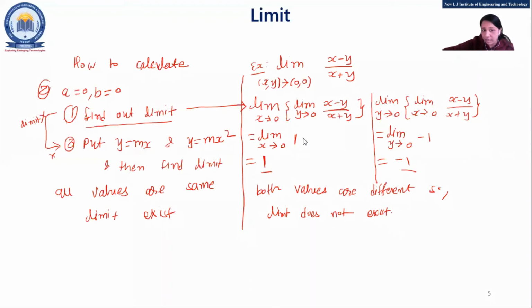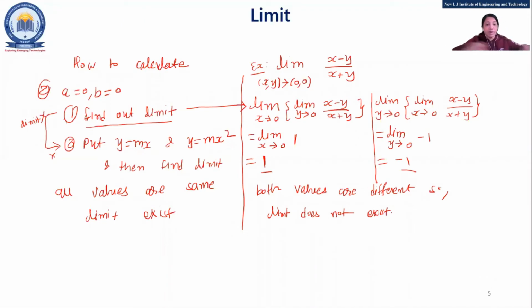There are so many ways, but you check up to mx square, which is mostly your syllabus. In all the examples, you'll get your answer up to y equal to mx square. Otherwise you can check mx cube, mx to the 4 and so on, but don't go into that much detail. If all are same, then limit exists, otherwise not. That is the main rule for the calculation of limit.